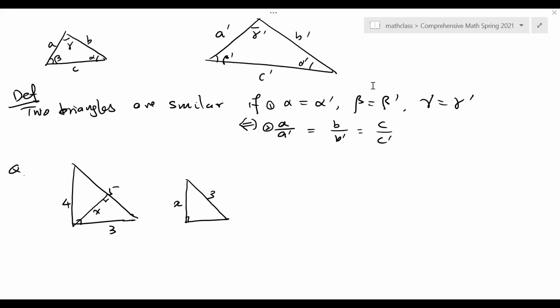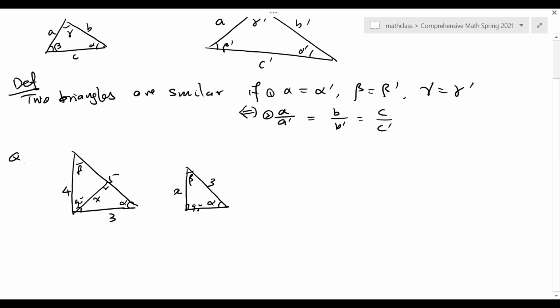Then those two triangles are similar. The reason is this is the same angle: if this is alpha, this will be alpha too, because you just cut it, rotate, and put it there. And this is 90 degrees and this is 90 degrees here. So if this is beta, this must be beta. Beta is 90 degrees minus alpha.